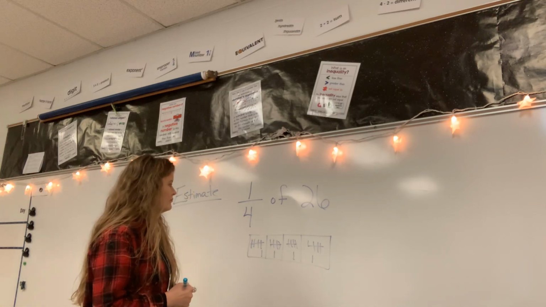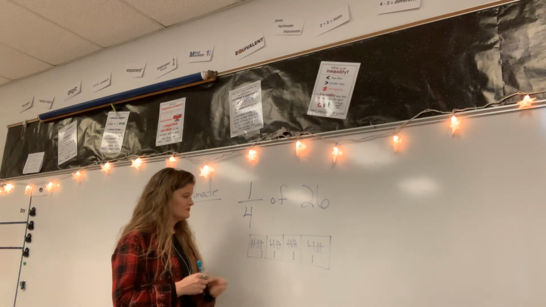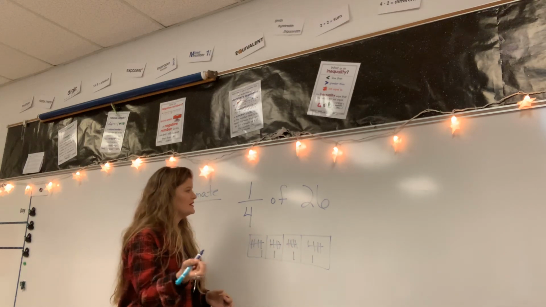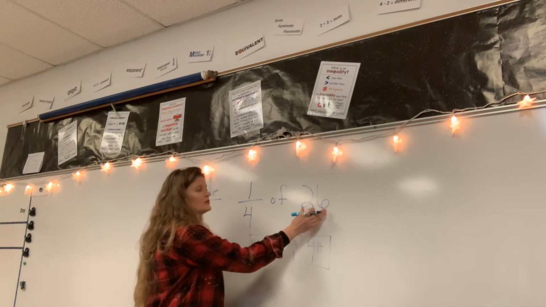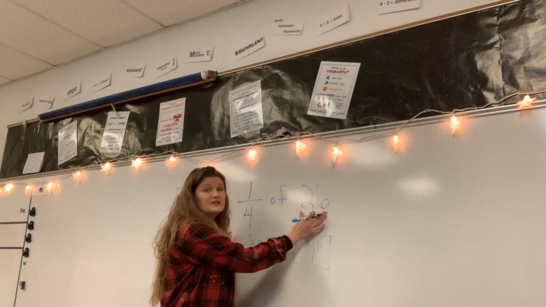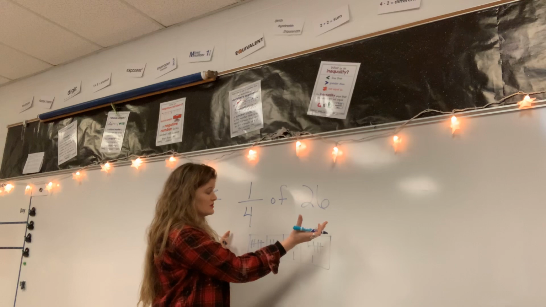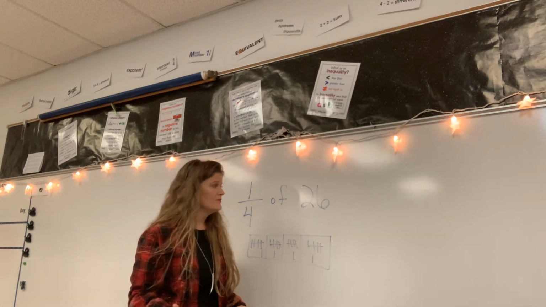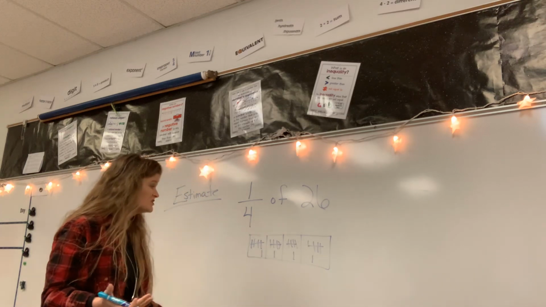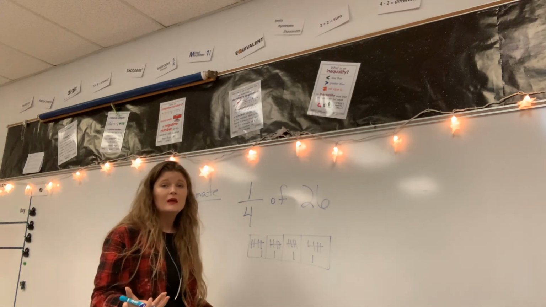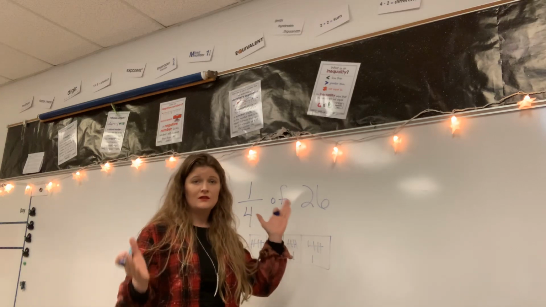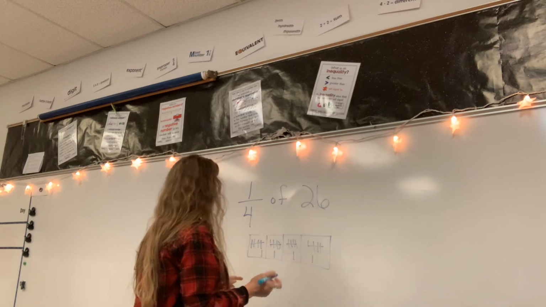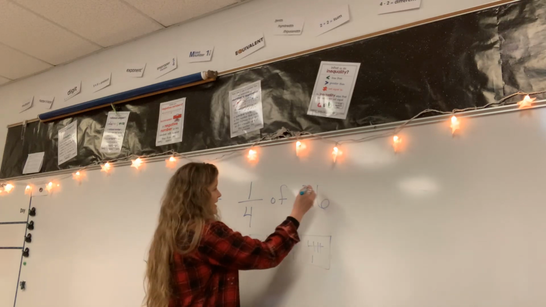So, how many went in each box? 6. 6 times 4 was 24. So I have to basically think of this as the closest number to 26 I can work with is 24, without actually working with the full 26. It's close enough, right? Well, I could also work with 28, couldn't I? Yeah, you could, because it's the same distance from the real number. It really doesn't matter which one you choose. It's still just an estimate. All right, so I'm going to look at this as 24.